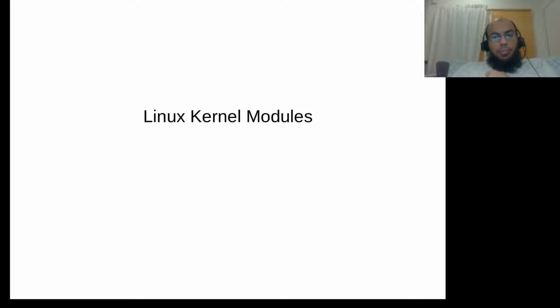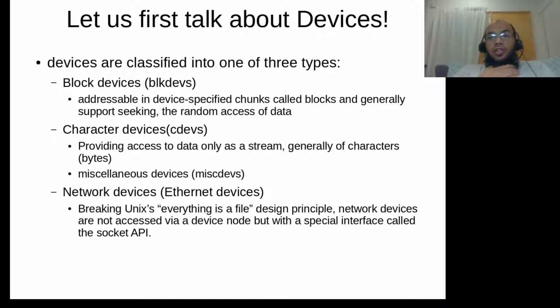So let's talk a bit more about Linux kernel modules. Before talking about Linux kernel modules, let us talk about devices. Devices are classified into one of three types. The first one is block devices, the second one is character devices, and the third one is network devices. Block devices are addressable in chunks, so you read the block, and they generally support seeking.